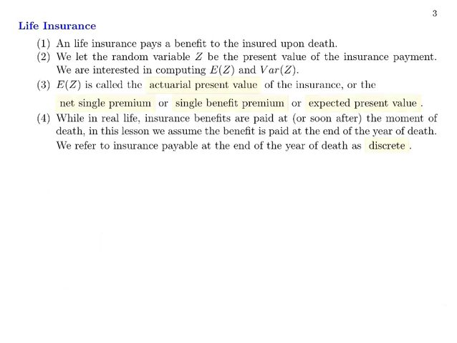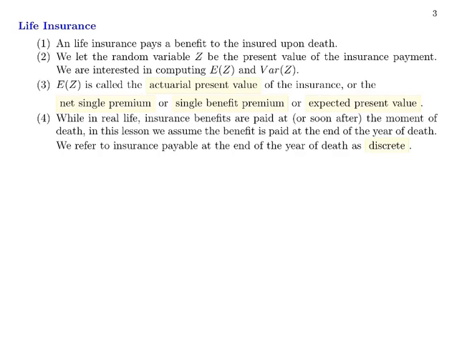So what we're interested in talking about here is life insurance. We want to compute the present value of a life insurance benefit that's payable to someone at the time of their death. The difference here is that we don't know when the person is going to die.